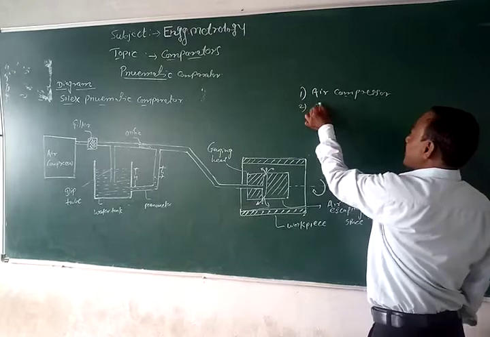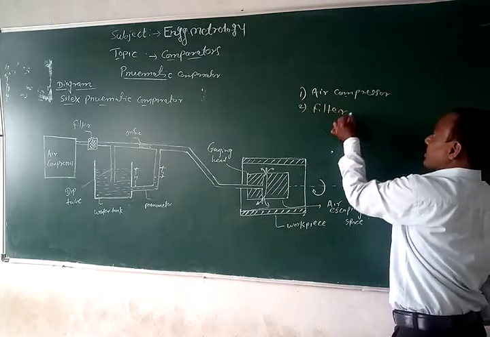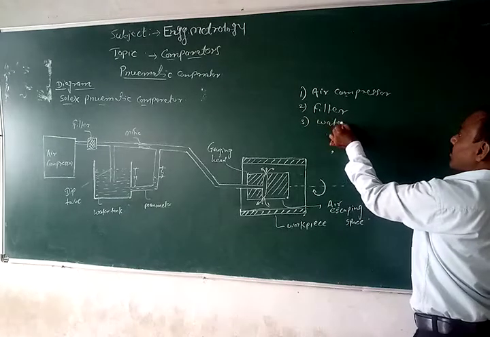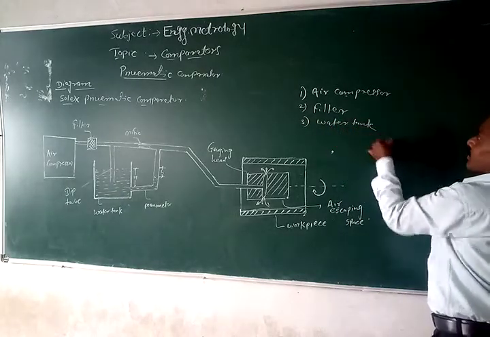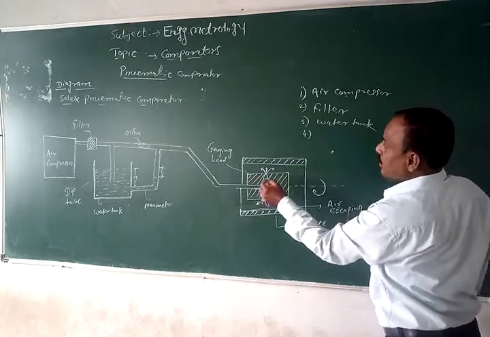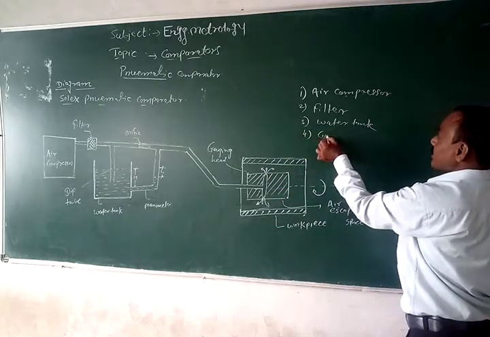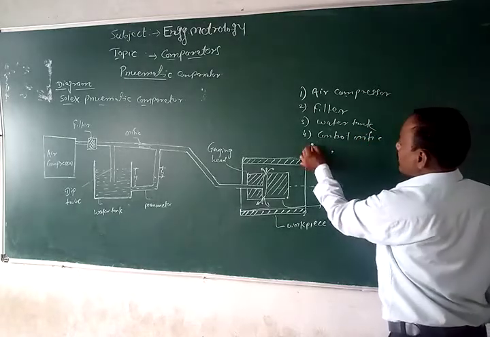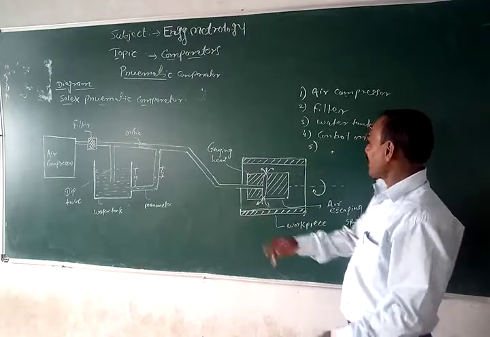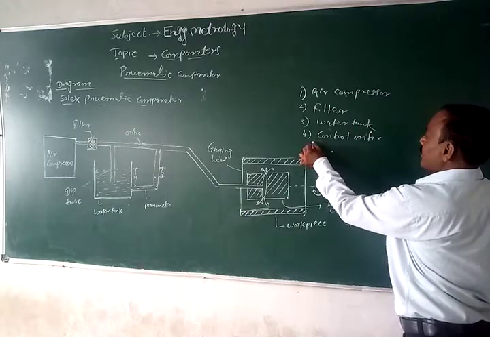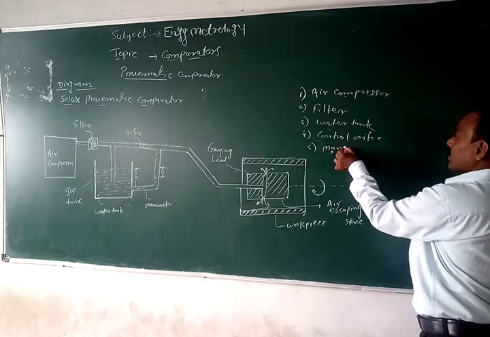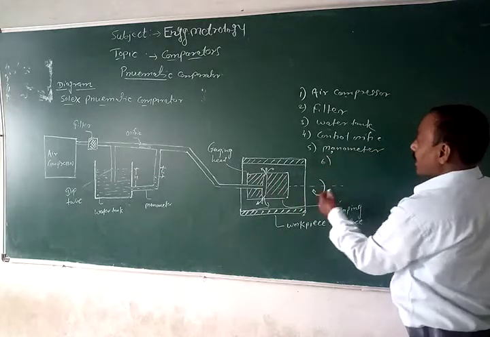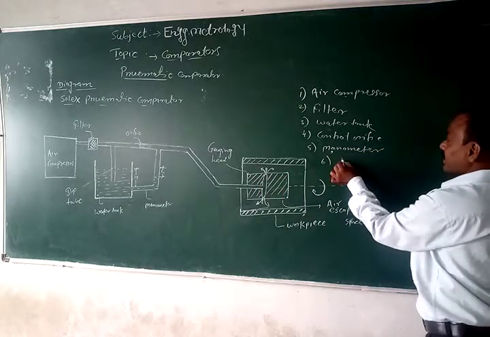Second part is the filter. Third is the water tank. Fourth is the control orifice. Fifth is the manometer. Number 6 is the gauging head, the air jet.